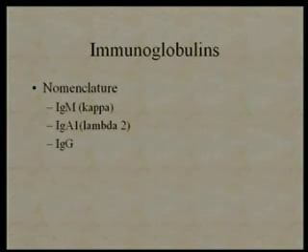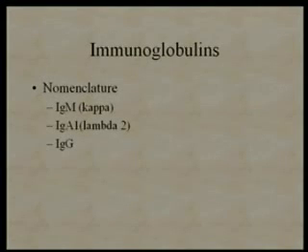So, for example, if I tell you here's a tube of IgG, I've told you there's only gamma chains there. So there's not going to be any mu chains, or any delta or any of those. There's only gamma chains. But I haven't told you anything about the subtypes. So you are to assume that it is going to be a population of molecules that has gamma 1, gamma 2, gamma 3, and gamma 4.